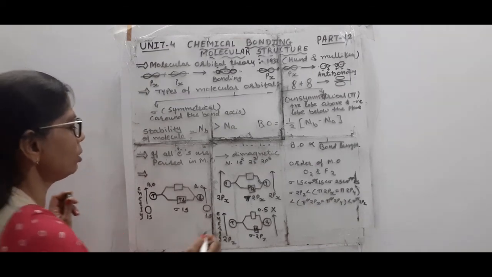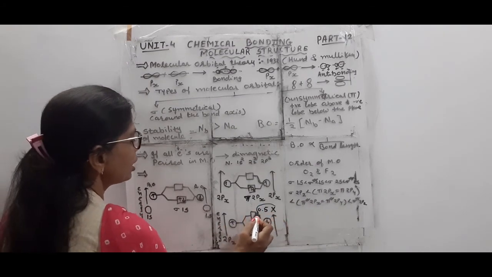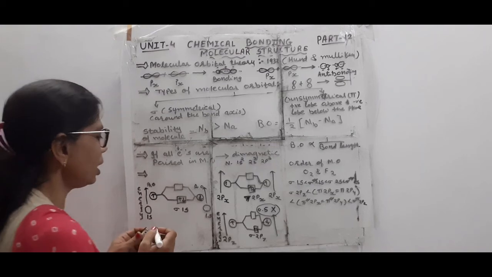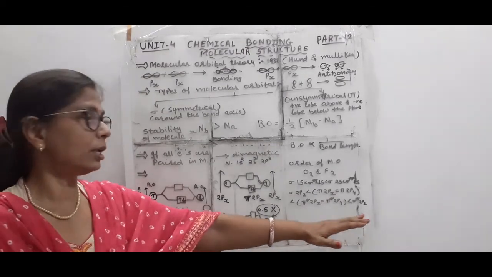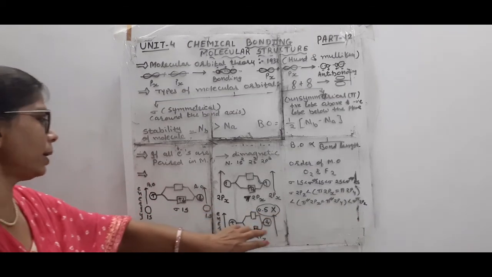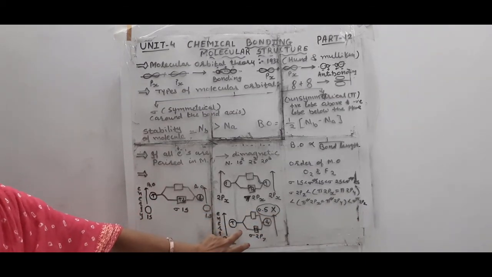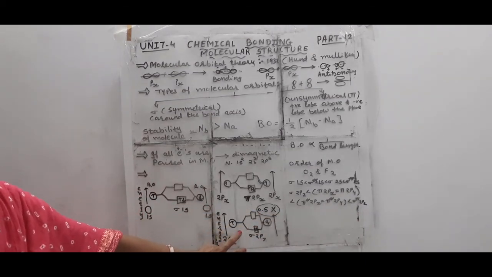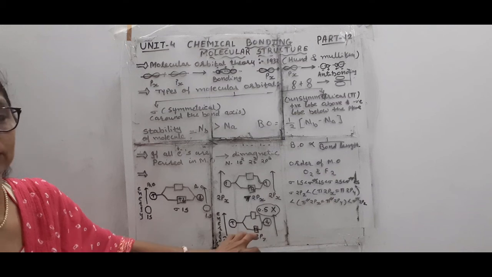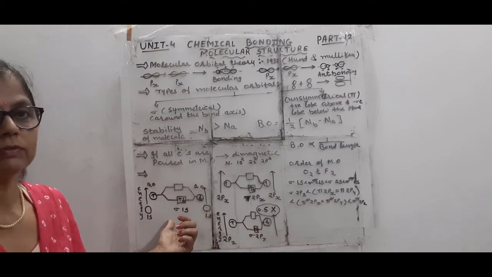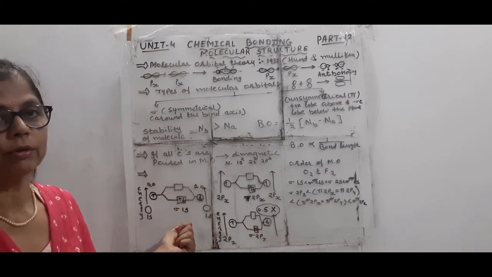So that also you have to keep in mind. आप सोचोगे कि मुझे 2 में से 2 मार्क क्यों नहीं मिला. You have drawn it correctly, you have followed the energy level order also correctly, but the diagram is not proper, so 0.5 marks for that will be cut, or maybe 1 mark can also be cut. So if you want to get full marks for this, you have to practice drawing the molecular orbital diagram.